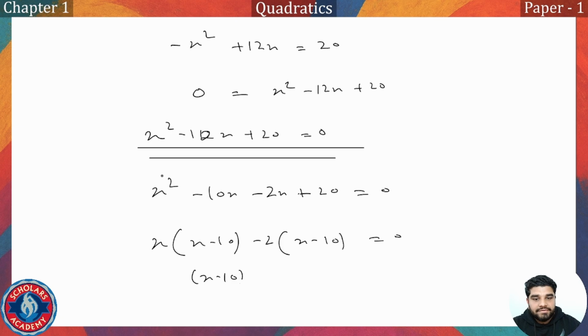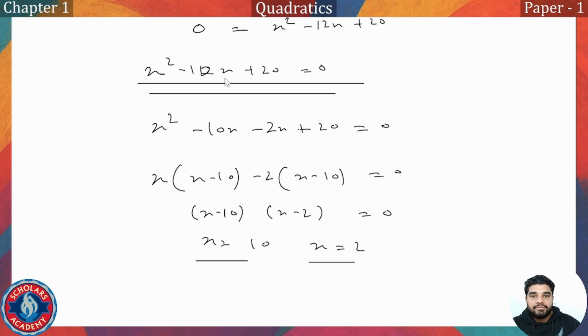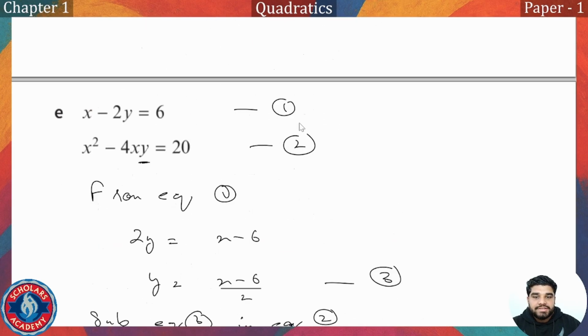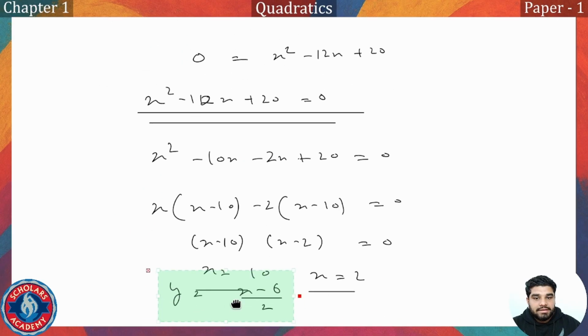So we get (x minus 10) and (x minus 2) is equal to 0. From here we get x is equal to 10 and x is equal to 2 as our 2 points of x of the solution.